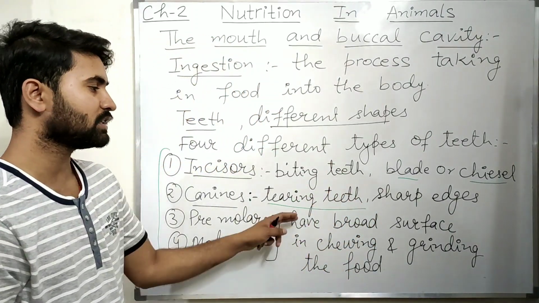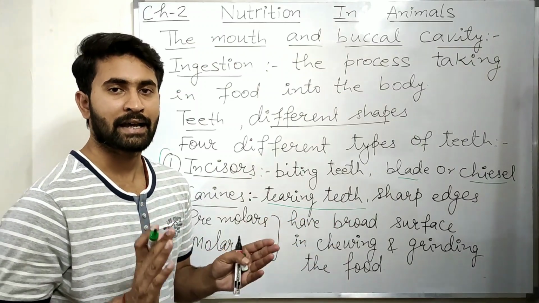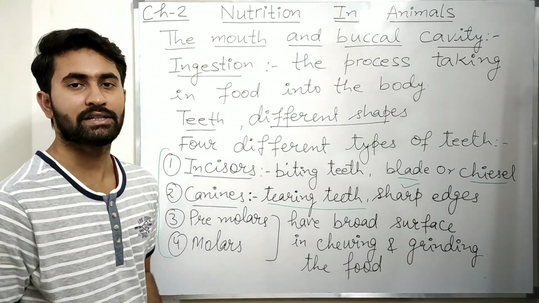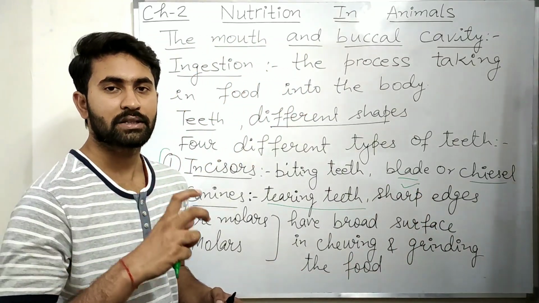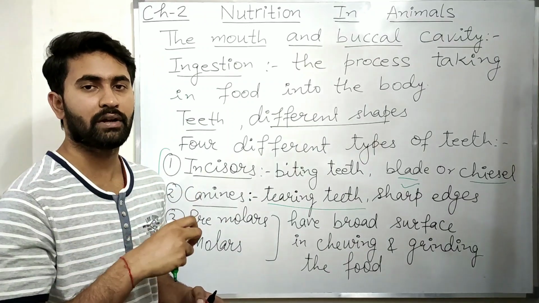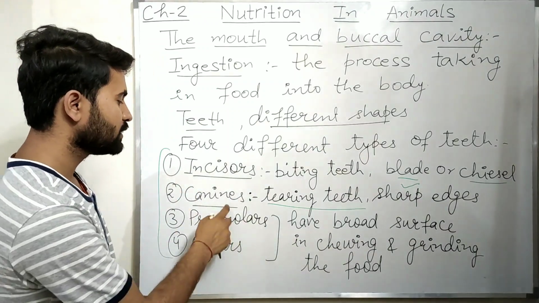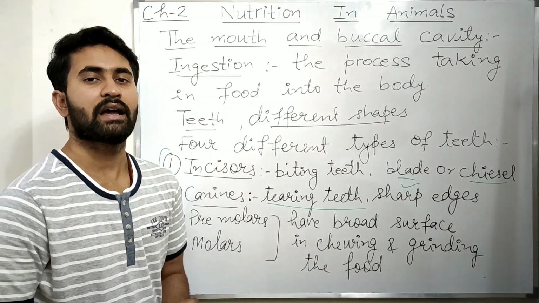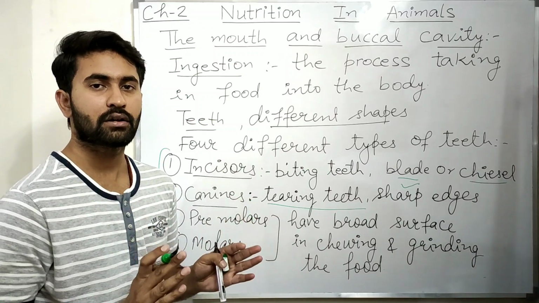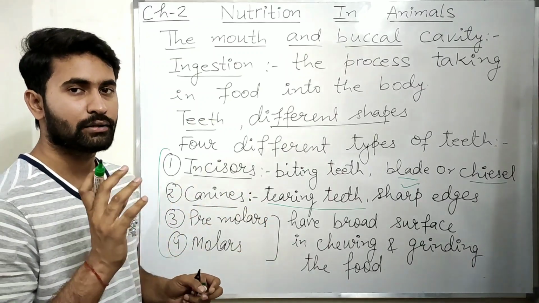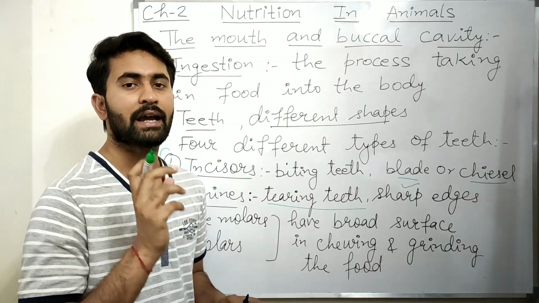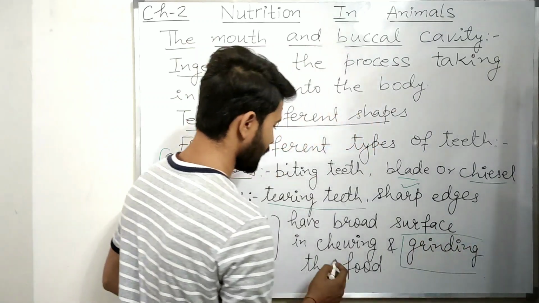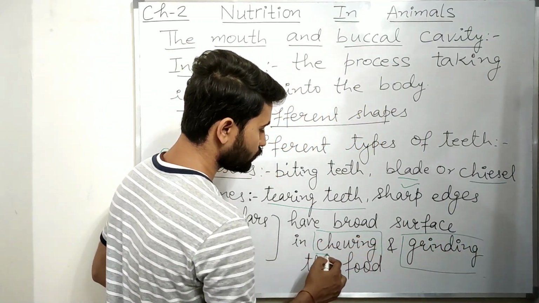Canines have sharp edges, and they help us in tearing the food. Whenever we have to tear the food, we use our canines. Premolars and molars have a wide or broad surface, and they are used for chewing and grinding the food.